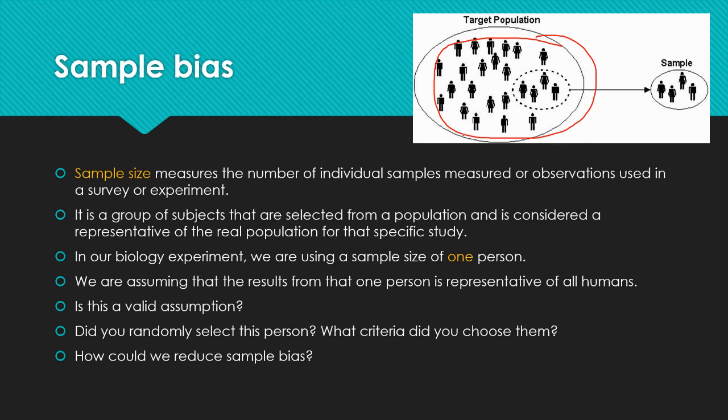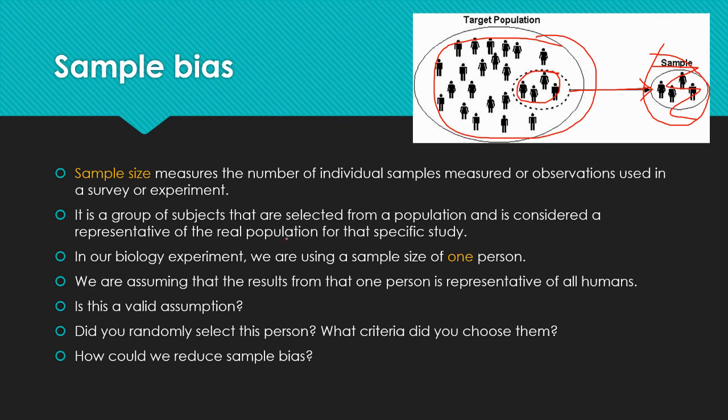We do our investigation on the whole population. So instead of that, we take a small sample and we ask them our questions or measurements, and we assume that if we've chosen the sample carefully, the sample is representative of the whole population.